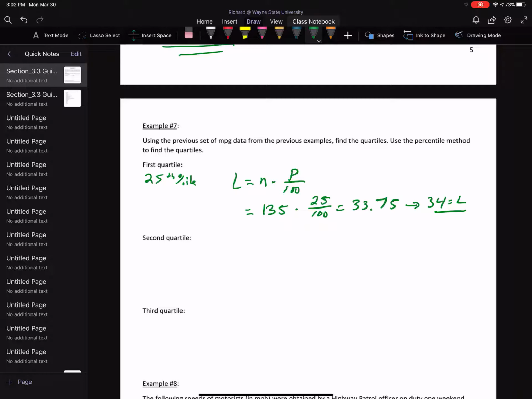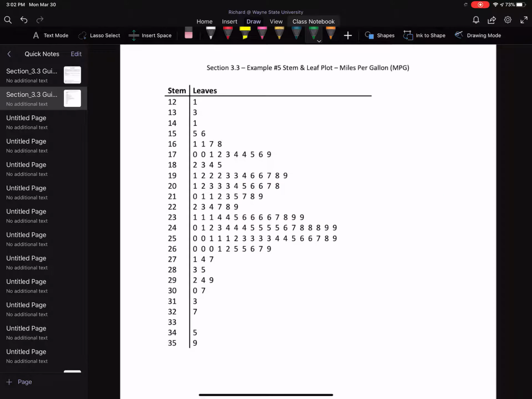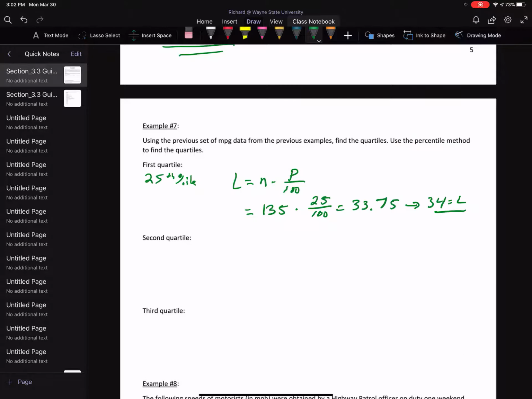Now you have to go to the stem and leaf plot that we had before and count the 34th value. I'll spare you those details of counting. You can watch the other video if you want to see more counting using these formulas. The actual answer here is 19.8 miles per gallon. Nothing too crazy.